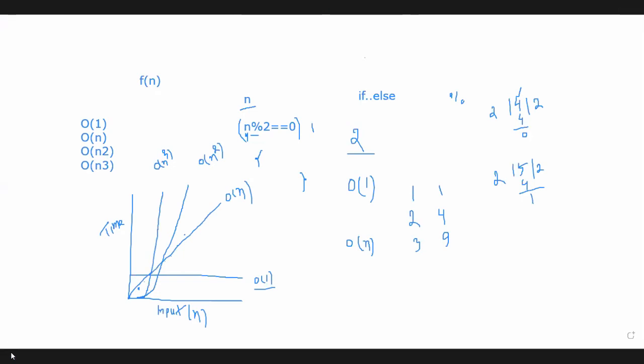Now we have to compare two algorithms, or some algorithms with different complexity. For solving one problem, we can have several solutions with several time complexities, right? Suppose we can solve a problem by using 3 programs and their complexity is order of n square, order of n, and order of n cube.